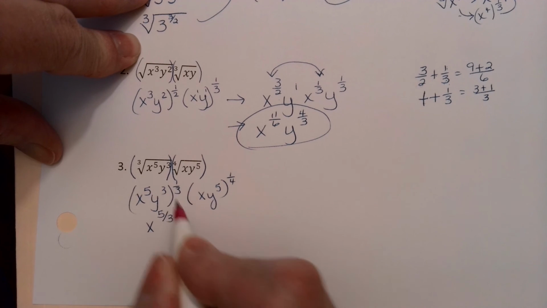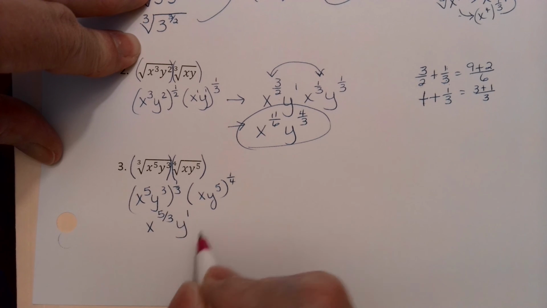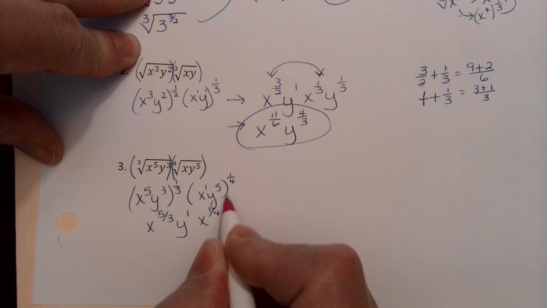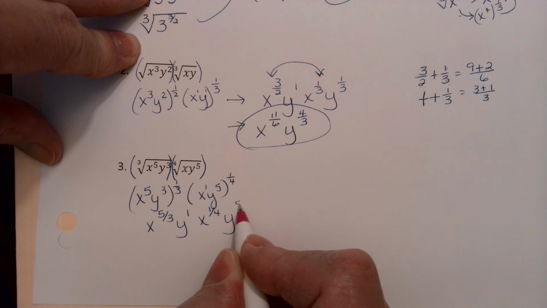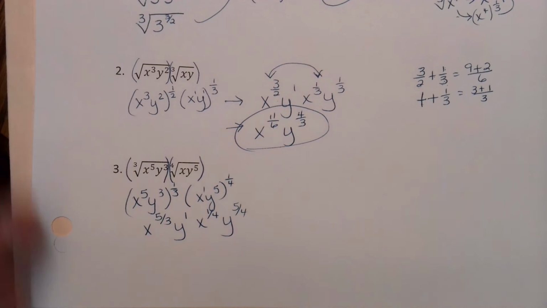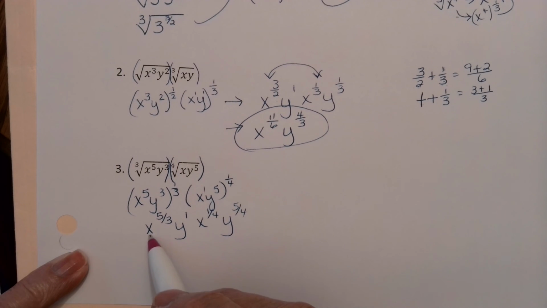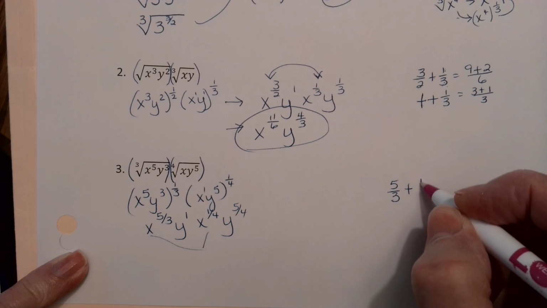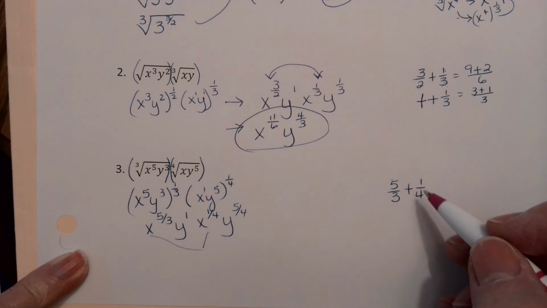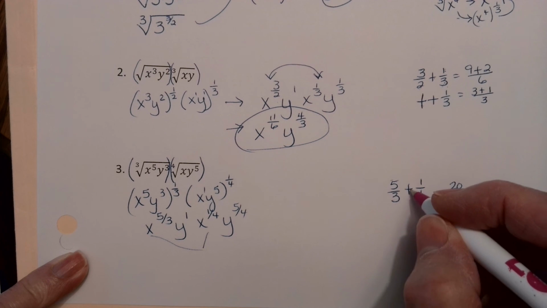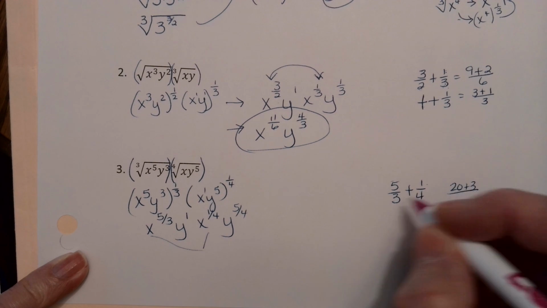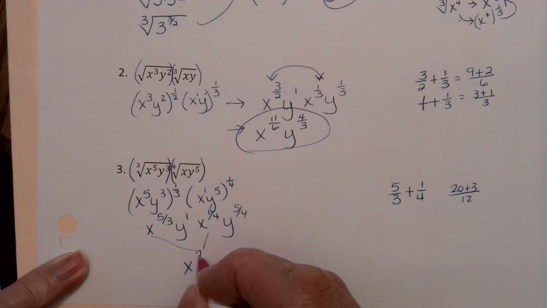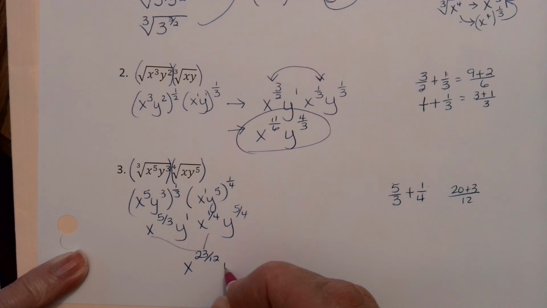I'm going to multiply 3 times 1/3, and I get 1. I will multiply 1 times 1/4, and I get 1/4, and 5 times 1/4, and I get 5/4. Okay? So now I need to add these two together. So I'm going to add 5/3 plus 1/4. That's 20 plus 3 over 12. 23/12. X to the 23/12.